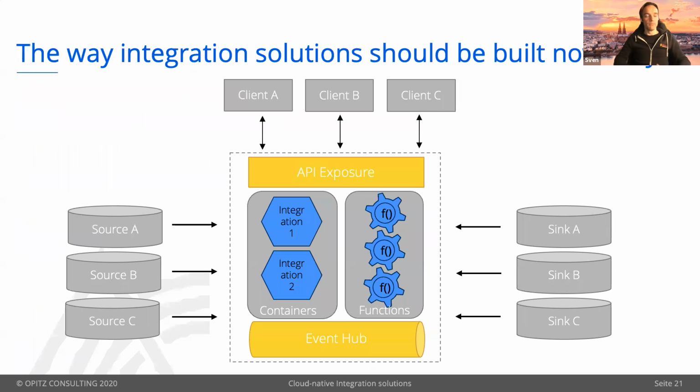So we don't have this big gray box in the middle, but we have a more flexible architecture built upon an API gateway, event hub, maybe containerized implementation solutions, and also maybe functions at some point.